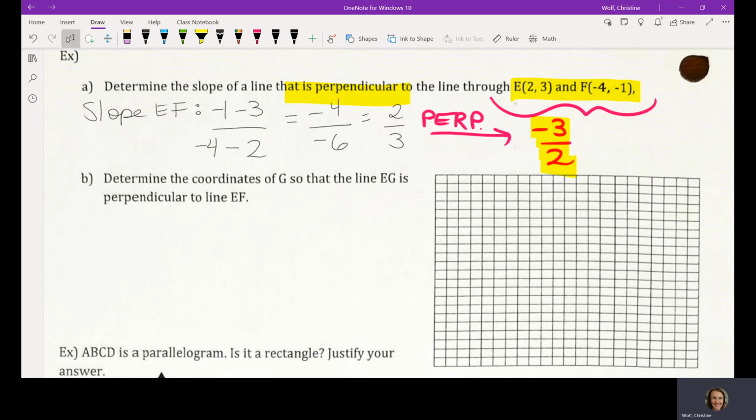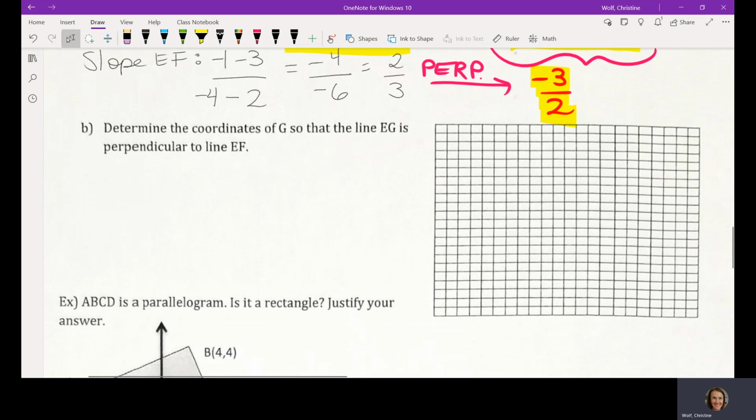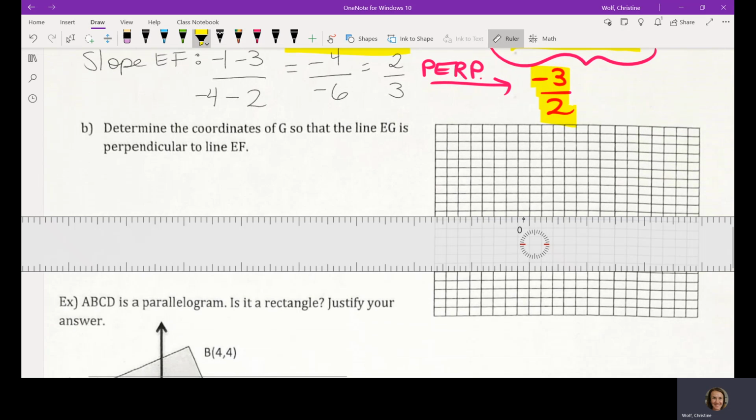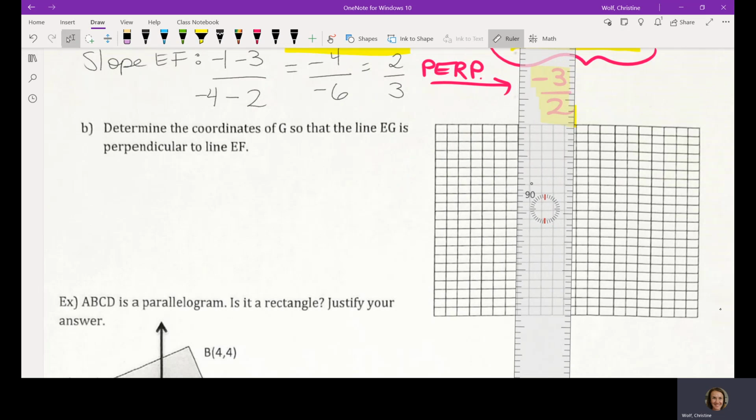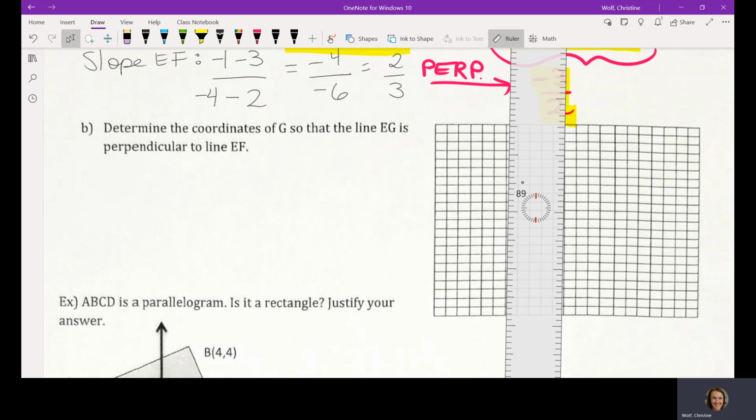Well, we know our starting point. We know that we can draw the line EF because we were given those points for sure. So I'm just going to draw my X and Y axis here.